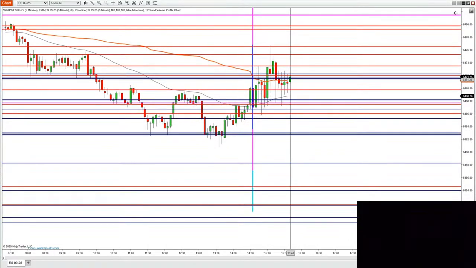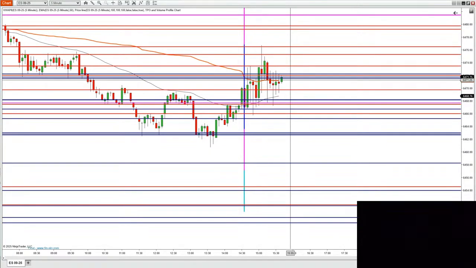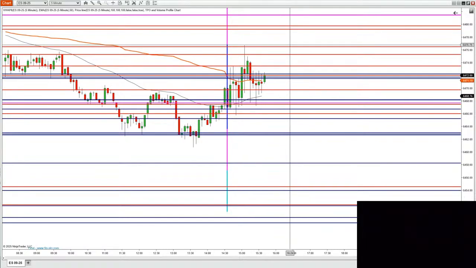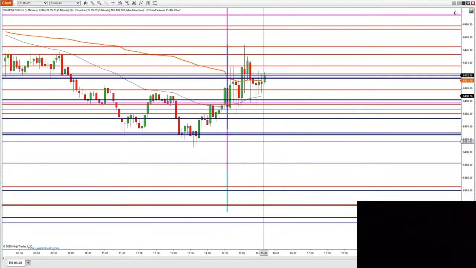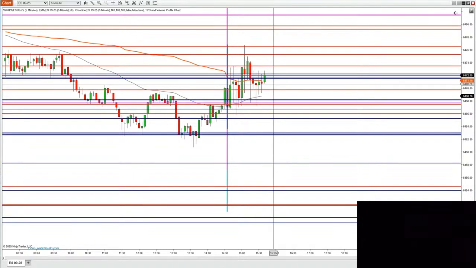Price is at VWAP, not at the IB high or IB low. So there's a high chance we go back to IB high according to the playbook. But again, how do we take it? Let's say I go long here. I need to be very careful to place very tight stop losses, so that it will do the job.